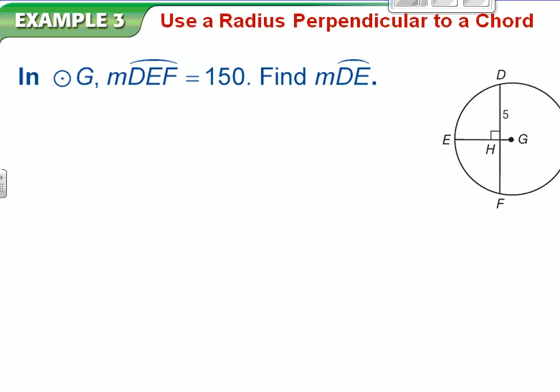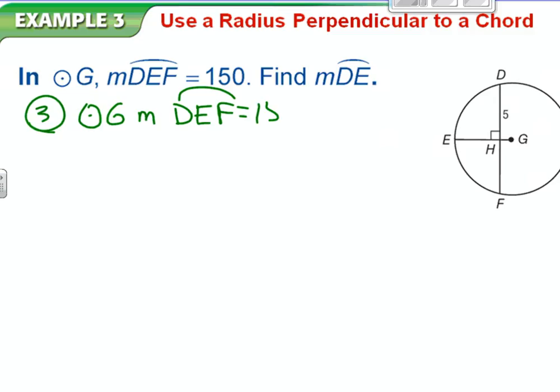For number 3, we're going to write that given information again, and on this one you have room on the right side of the picture. I have room on the left. So for number 3, circle G, measure of arc DEF is 150, and we have to find the measure of arc DE.